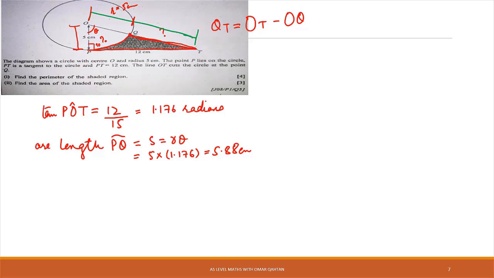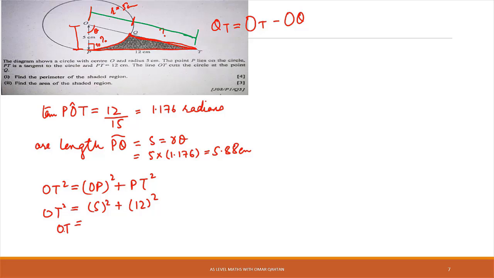Alright, so I will apply the Pythagoras theorem first to find this side OT. So OT square will be OP square plus PT square. This OP is 5 square and this PT is 12 square, and this OT is the hypotenuse.